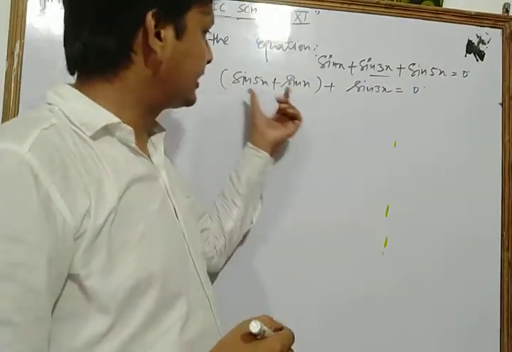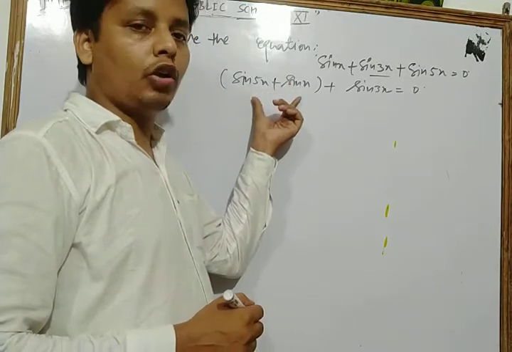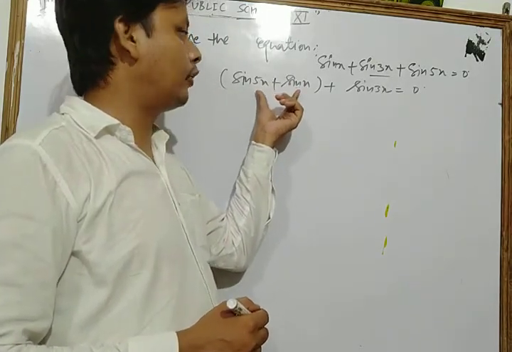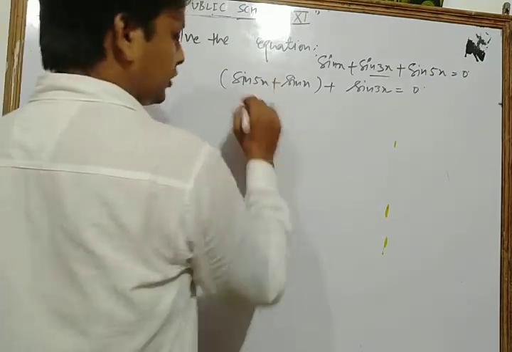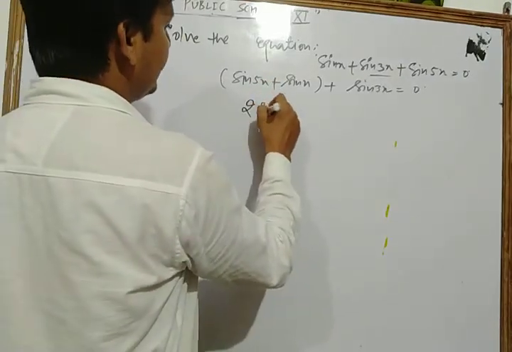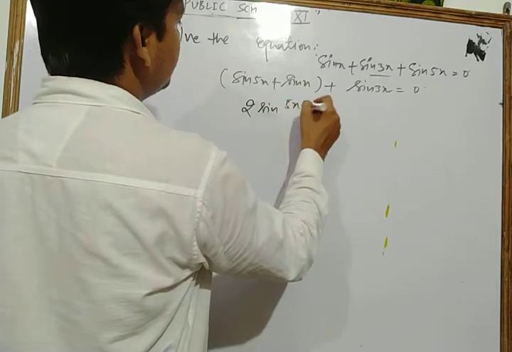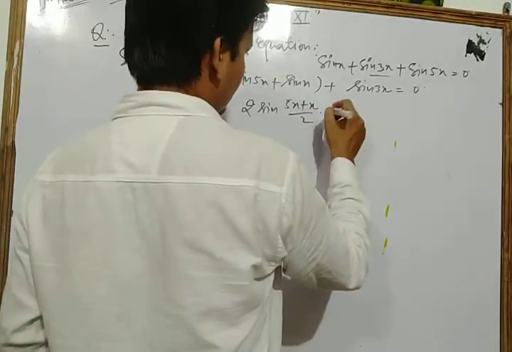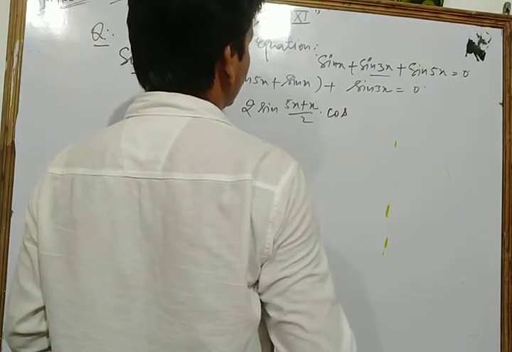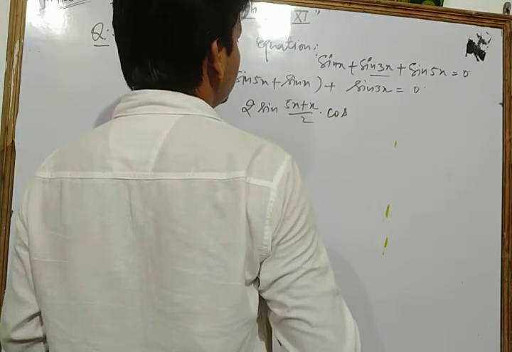Now we solve using the formula for sin c plus sin d, which is 2 sin of (c plus d) by 2 into cos of (c minus d) by 2.